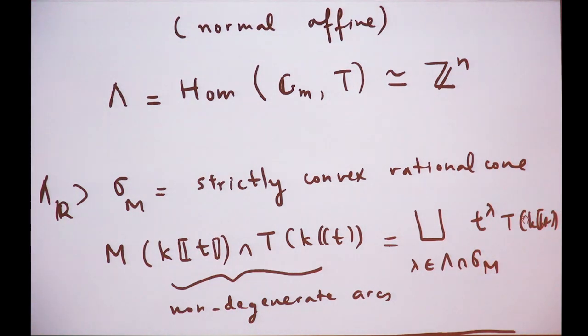When you define this IC function on the arc space of toric varieties, it basically doesn't change under the torus, because the torus doesn't change singularities. So you just ask yourself, what is the number that can be attached to a point lambda in the cone?